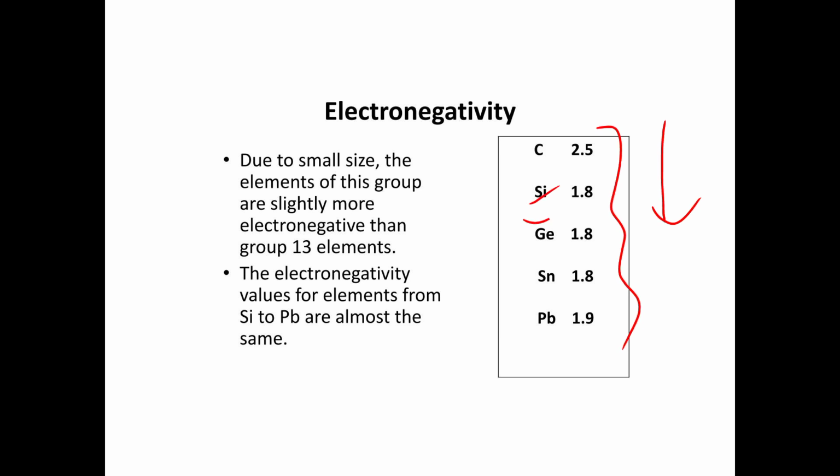For silicon, germanium and tin, it is the same. And for lead, it is increasing. Why is it happening? Because of the small size of the elements in the group. They are more electronegative than group 13 elements, because compared to group 13 elements, group 14 elements are smaller in size.